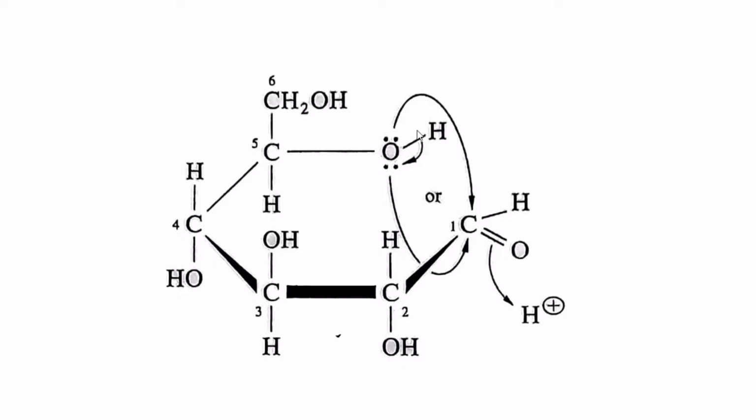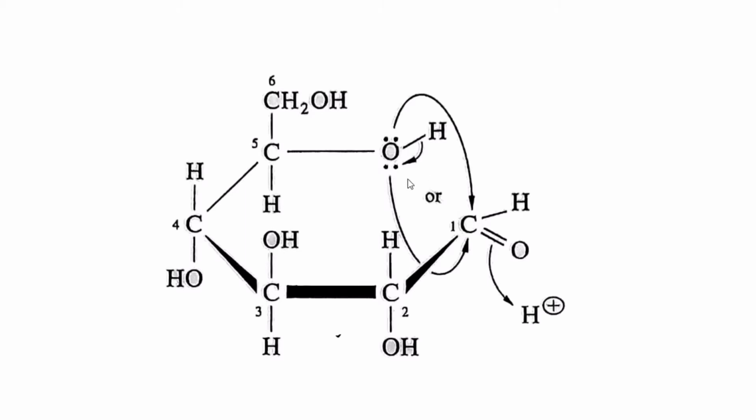So now we have the hydroxyl group of carbon number 5 placed very close to the aldehyde group. And now what happens here? The hydroxyl group will now attack the carbon of carbon number 1, and it will react with this aldehyde group to form that cyclic hemiacetal within this structure of glucose.